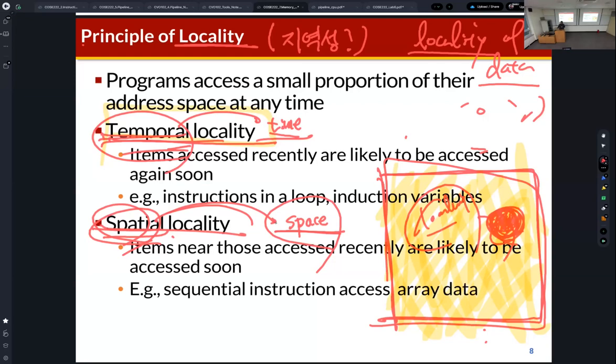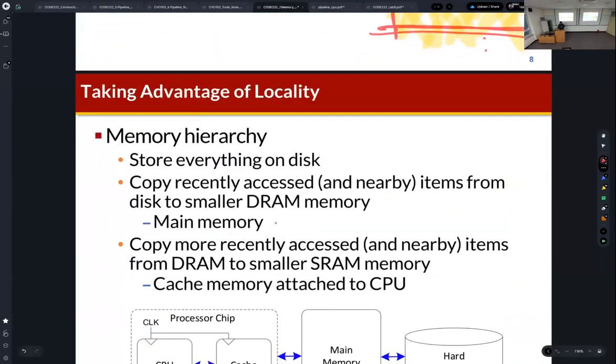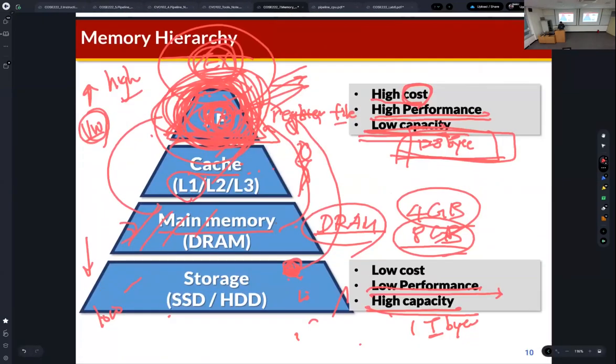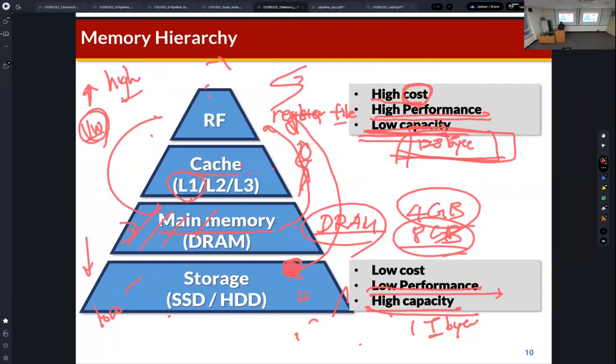Because of data locality, we can use a memory hierarchy. Memory hierarchy means that there are hierarchy levels. The high level of the hierarchy is small, fast, and expensive.